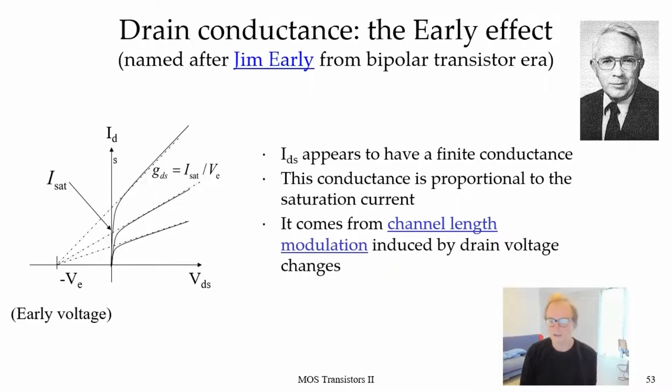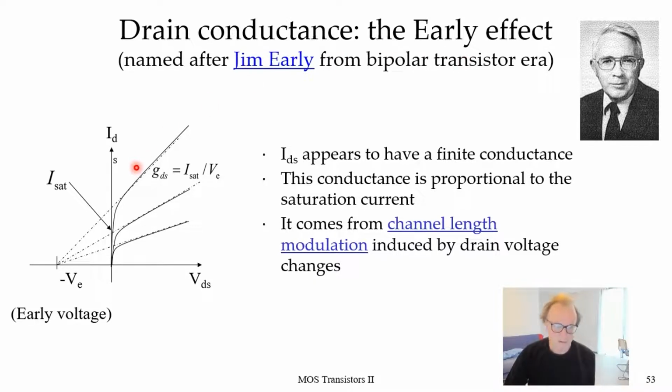Okay, now let's go to a very important subject, which is the drain conductance, also known as the Early effect or channel length modulation. It's named after a fellow named Jim Early from the bipolar transistor era, who discovered these length modulation effects in vertical bipolar transistors and made it clear for everybody how it worked.